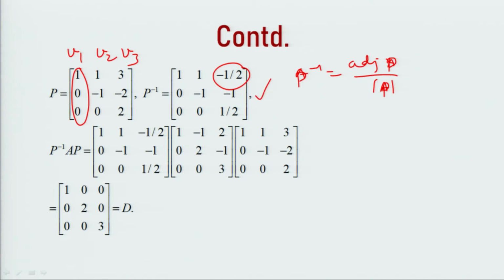Now, we calculate this P inverse AP matrix. We have found P inverse, and A is the given square matrix, and this is P. We multiply these 3 matrices. Suppose we multiply the second and last matrix first.